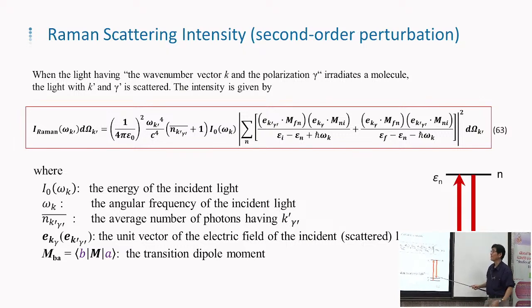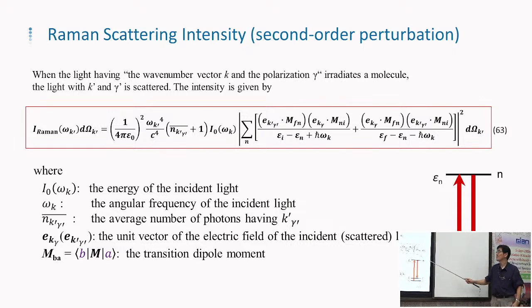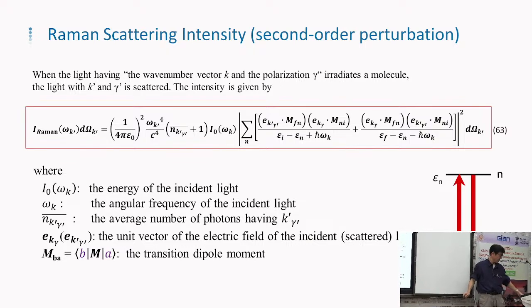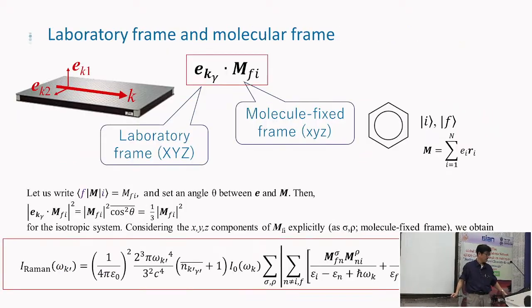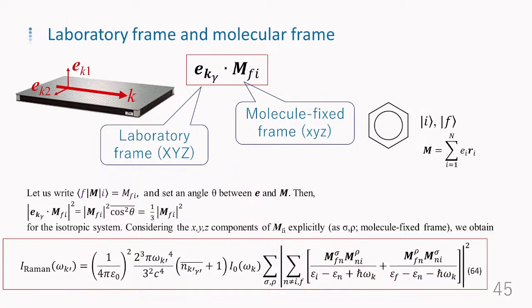And this is in the case where N is a real state. If there is a virtual intermediate state N, then this is virtually non-zero, because it includes all the possibilities.